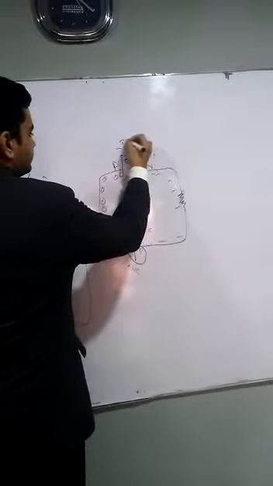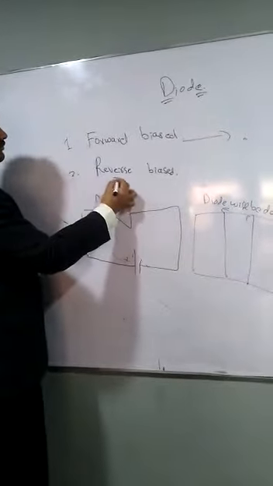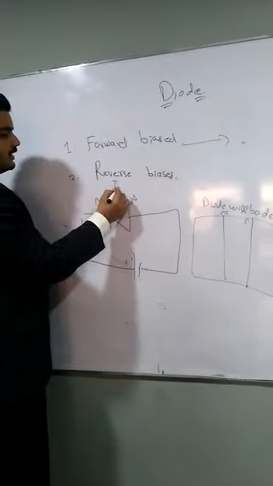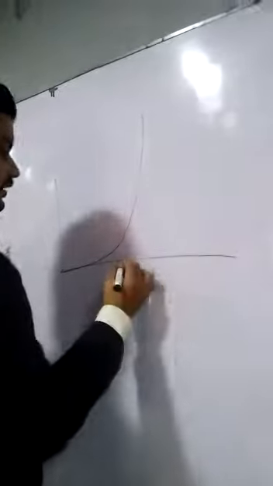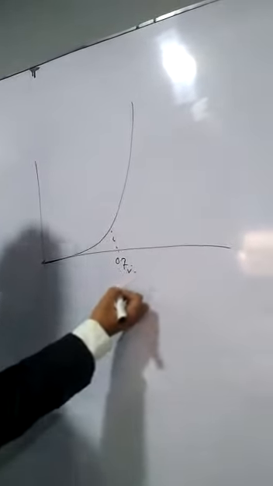That is IF, the forward current, and in this case there is also a very small current passing through it, that is the reverse current, IR. So the graph of the forward bias is just like that. That is the knee voltage, okay, 0.7 volt.